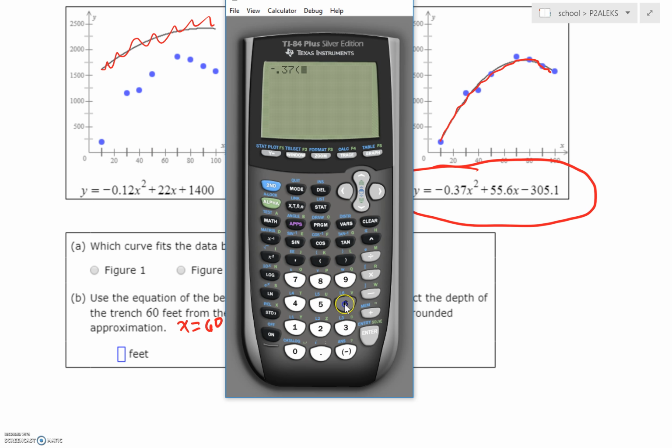Now your X value is 60, so I'm going to put parentheses here and just square it, plus 55.6 times X, but what's our X? Well, it's 60. And then finally we'll go minus 305.1. And once you hit enter, you'd get 1,698.9.